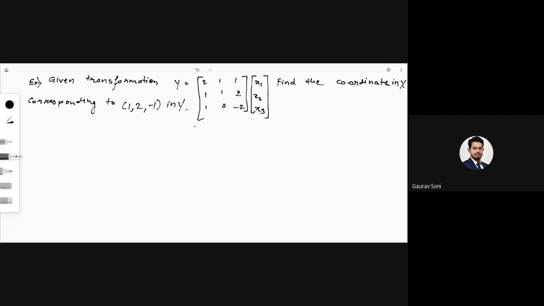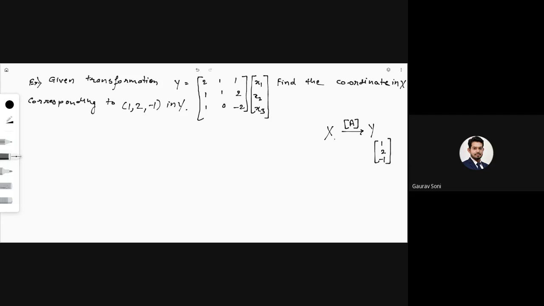What I said, a linear transformation is a function from one space, that is X, to another space Y. And how do you transform from X to Y? By multiplying each vector by a matrix A. Now what they are asking is, there is a vector in Y which is (1, 2, -1).